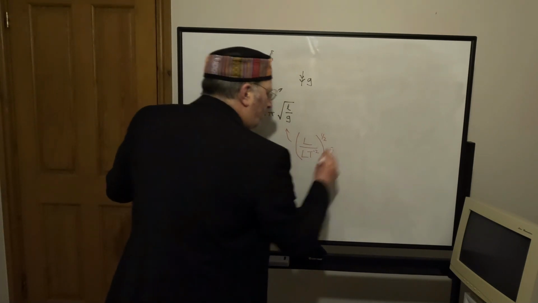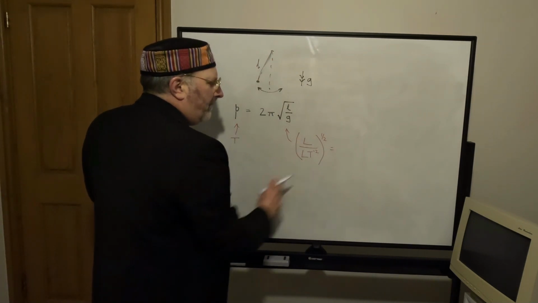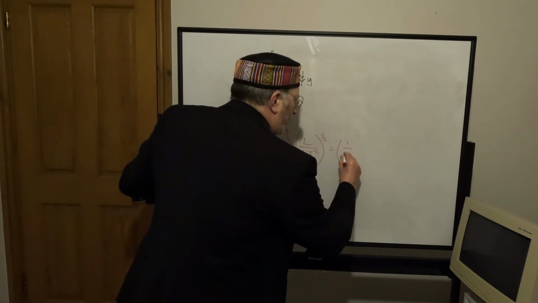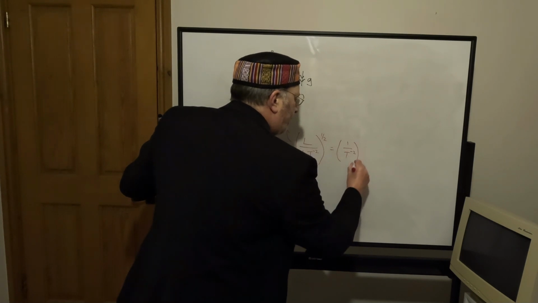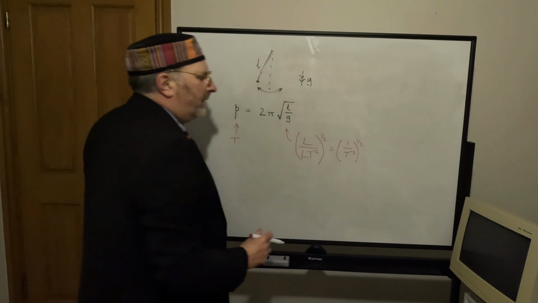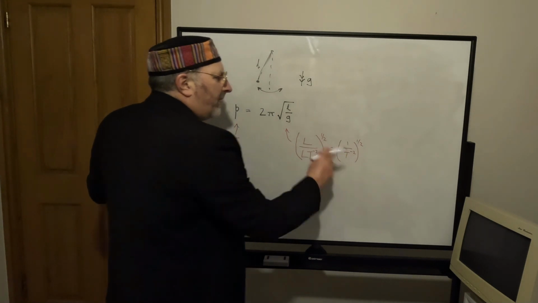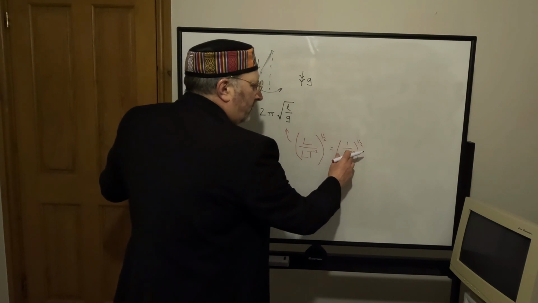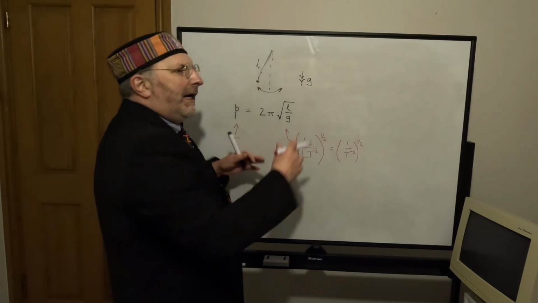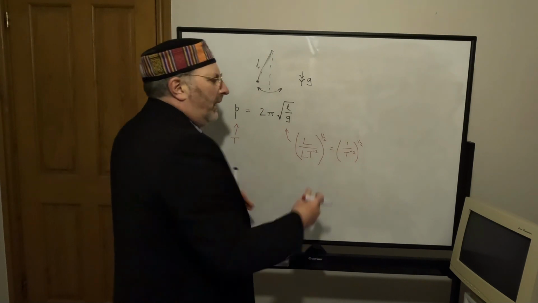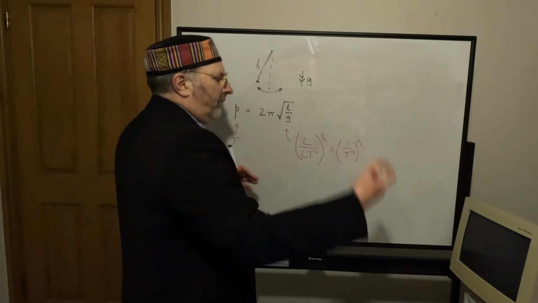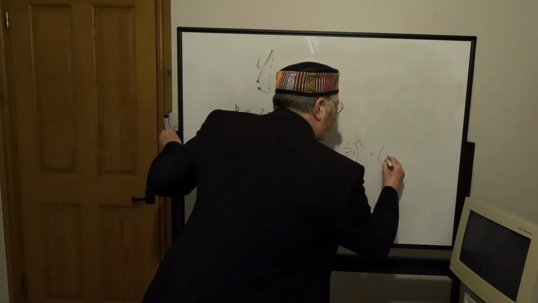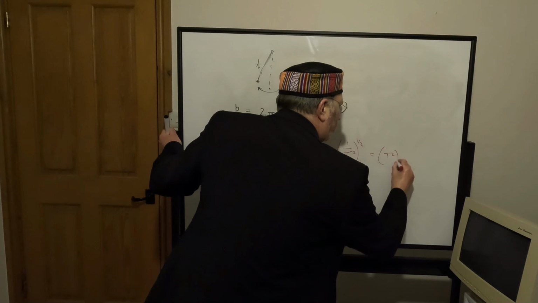So firstly, we've got L on the top and L on the bottom, so we can cancel those. So that gives us 1 over T to the minus 2 to the half. Now 1 over something is the minus of it. So we've got T to the minus 2, and minus minus, a double negative, is just back to positive. So this becomes just T to the power of 2, T squared.